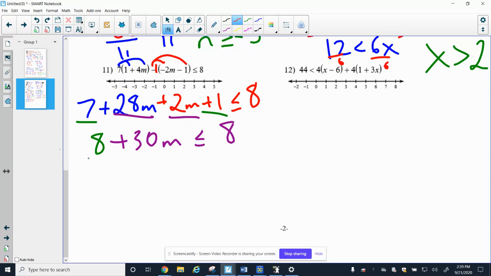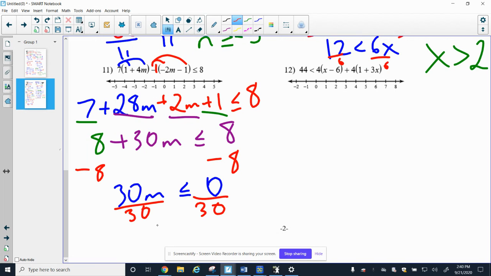Keep solving. Okay, so we want to get the m by itself, so we get rid of the 8 first. Minus 8 minus 8. Now I'd have 30m is less than or equal to 0. Okay, now we just keep solving, right? If it's a 30m, we divide both sides by 30. So I'd have m less than or equal to, well, 0 divided by 30, still just 0.